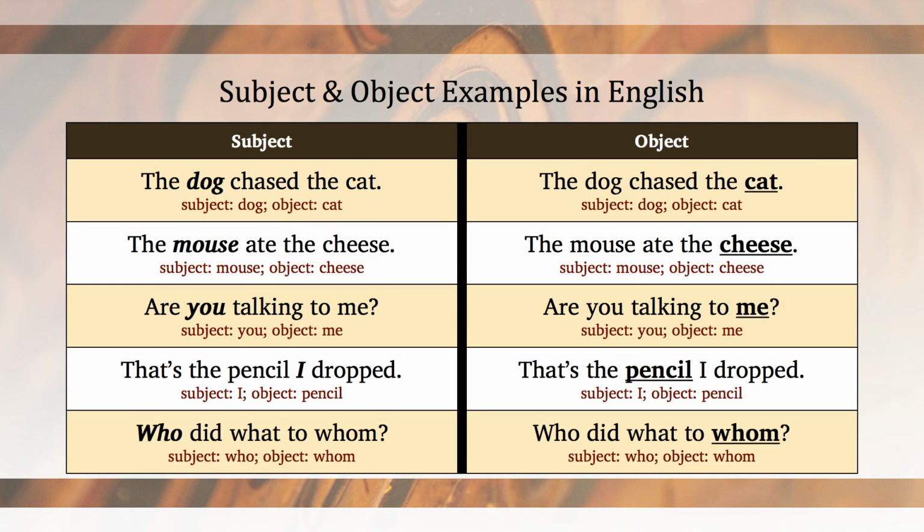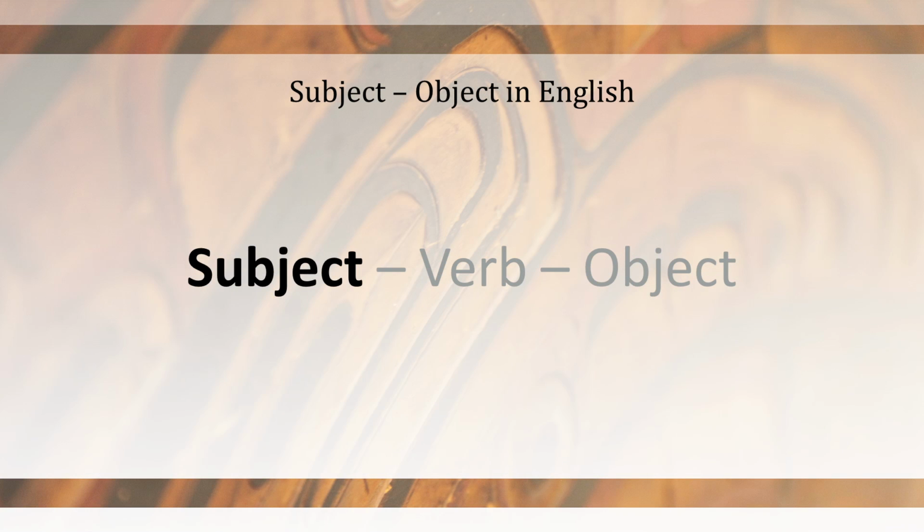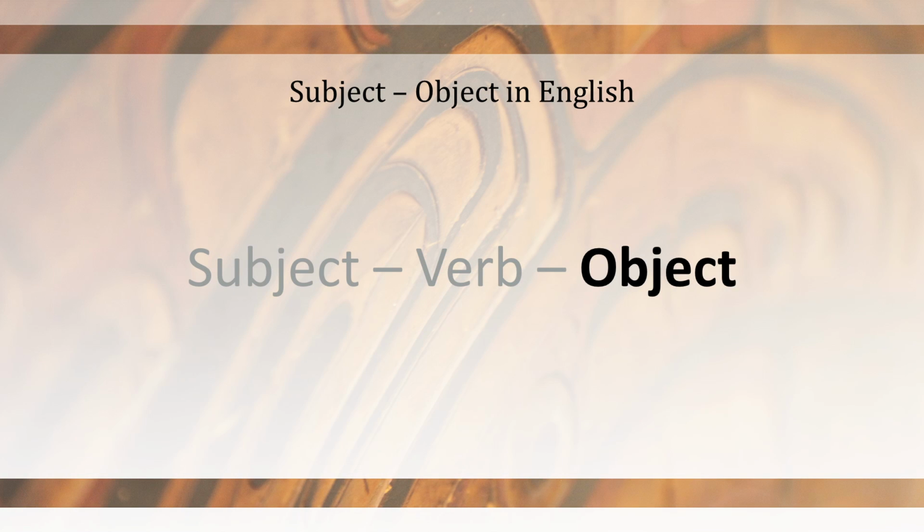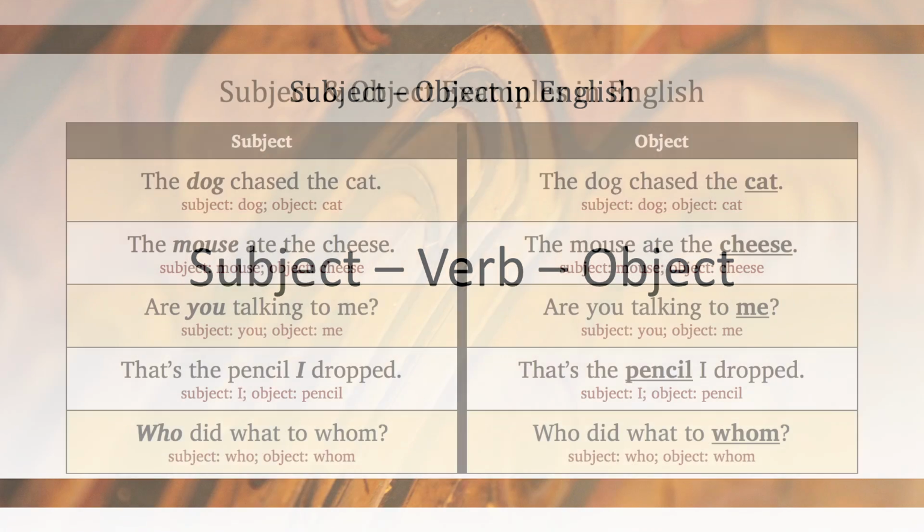To begin with, we'll look at these examples in English, and we'll keep in mind that English prefers to put the subject before the verb and the object after the verb. The subject is the agent of the verb, the one who does the action, and the object is the recipient of the verb, who is impacted by the action.